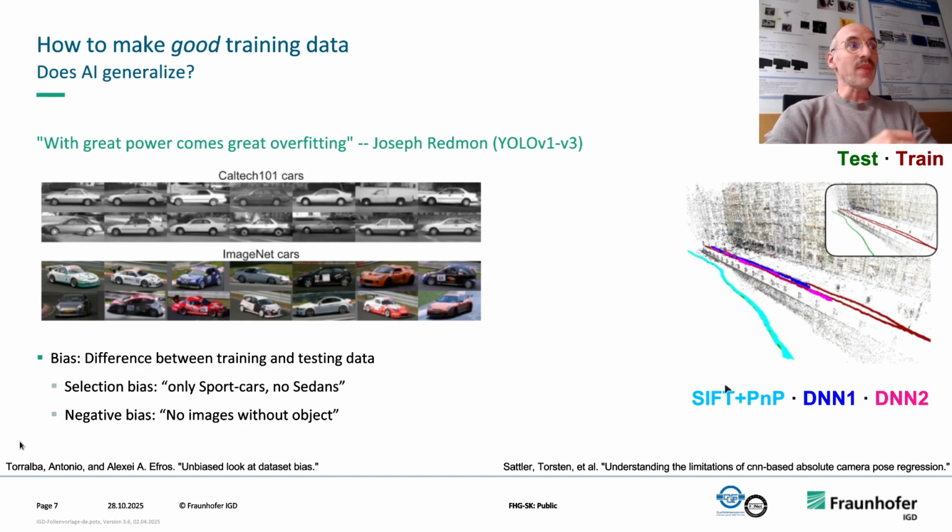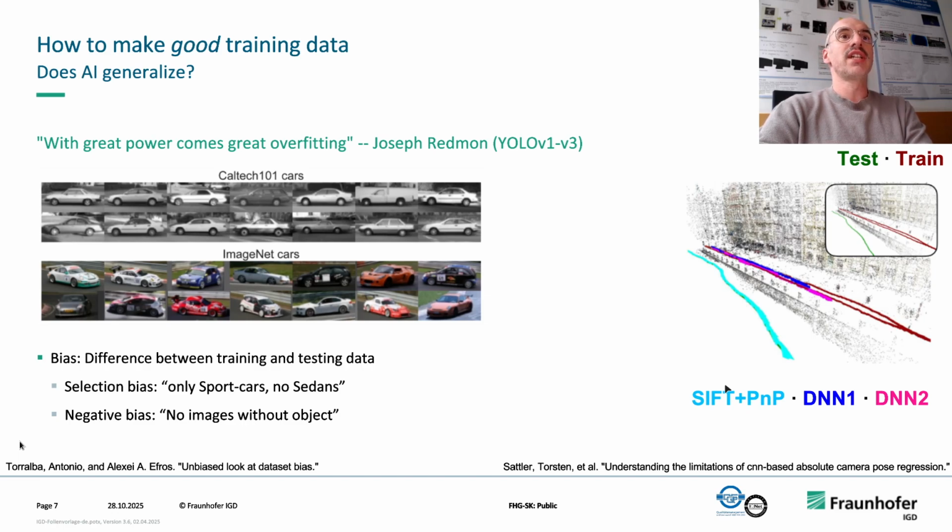And the same problem is even stronger when it comes to 3D pose estimation, as I want to show you on the right-hand side, where you see a point cloud of a street scene, and we have camera trajectories of the camera moving through the scene in these colors. So in red we have the training trajectory, and in green we have the testing trajectory, and then we have three different algorithms. We have two neural network based ones and one classical one in Azure.